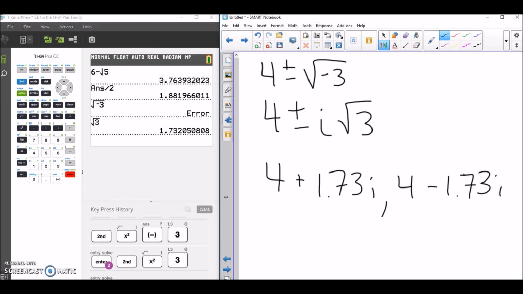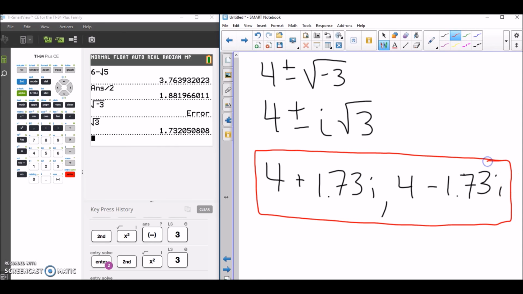And that's exactly how we would type it into Canvas. No spaces. No spaces. Use the plus first, the minus second. So you would just do 4 plus 1.73i, comma, 4 minus 1.73i.